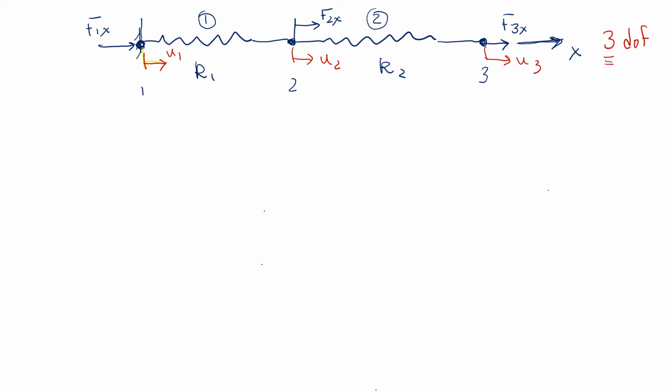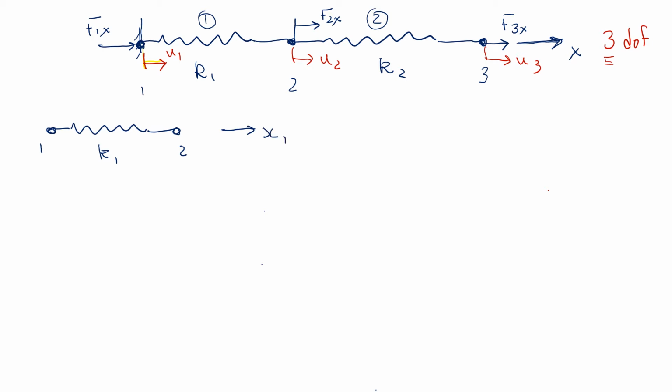Next, we're going to look at each element separately. So I'm looking here at element 1, which extends between node 1 and node 2, and it has a stiffness K1. Now, this may be aligned along the local axis x1.